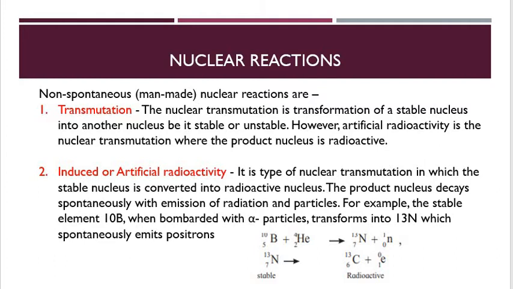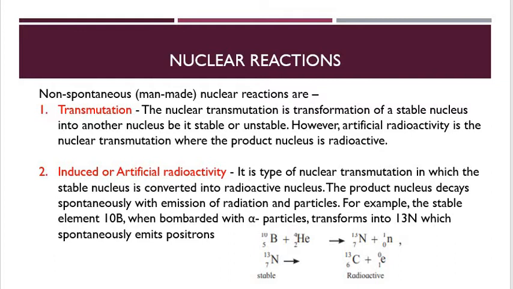Another is induced or artificial radioactivity. It is a type of nuclear transmutation in which the stable nucleus is converted into radioactive nucleus. The product nucleus decays spontaneously with the emission of radiation and particles.